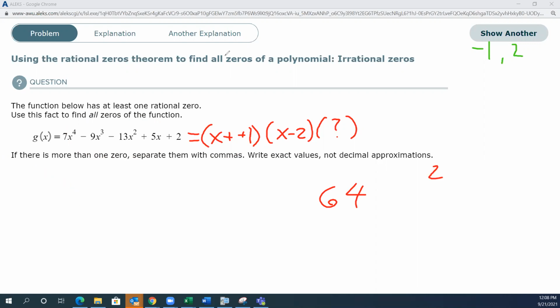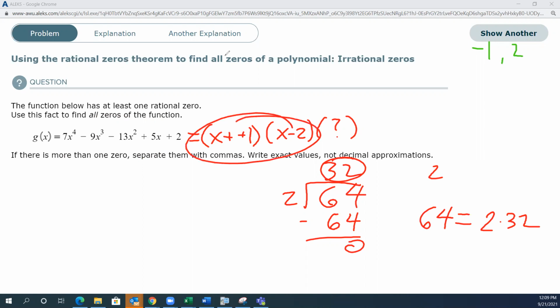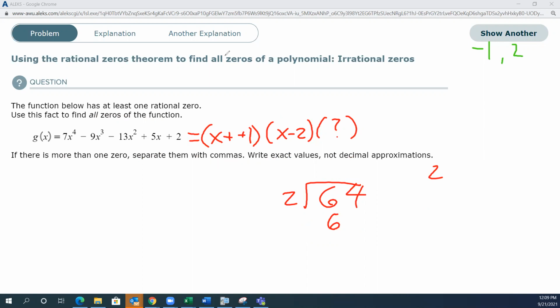If I divide the factor into it, it goes in 32 times, and I can say the 64, kind of like the original function, can be written as one of its factors times the quotient. Well, that's all we're going to do by dividing these guys in, just like we divided the 2 in. Okay, and I got to make room. So we get to do polynomial division again.